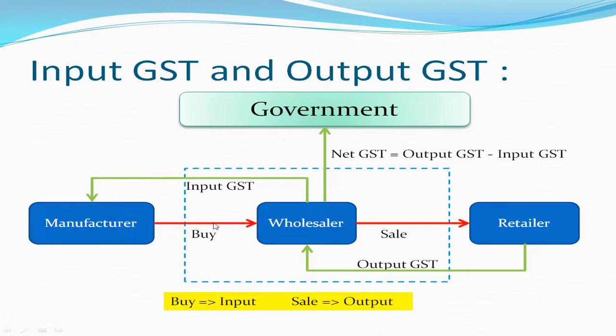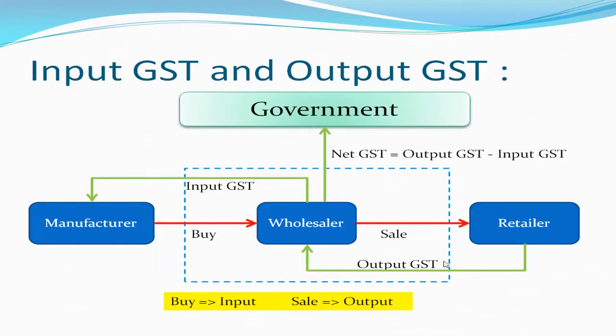So while buying, whatever GST is paid by the wholesaler is called input GST, right? And the GST which is collected from the retailer while selling the product is output GST for the wholesaler, right? So input GST is paid and output GST is collected, right?